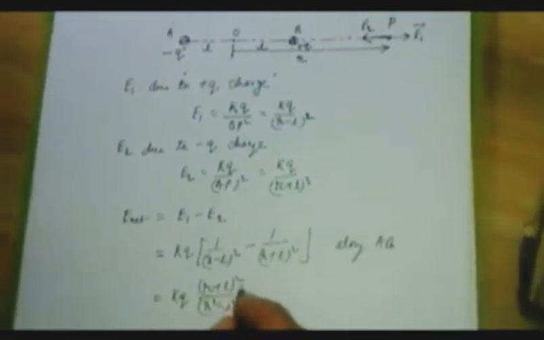Now we calculate: this is kq, taking the LCM, r square minus l square, whole square, and in the numerator r plus l whole square minus r minus l whole square. When you solve this, using the formula (a plus b) whole square minus (a minus b) whole square, which is 4ab, we get 4rl divided by r square minus l square whole square.